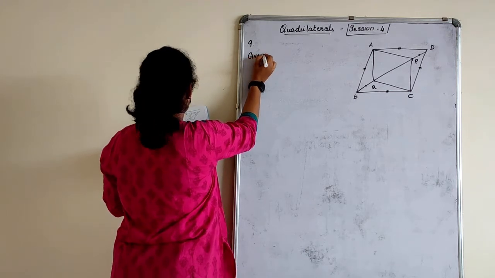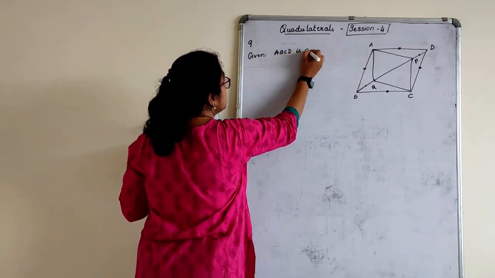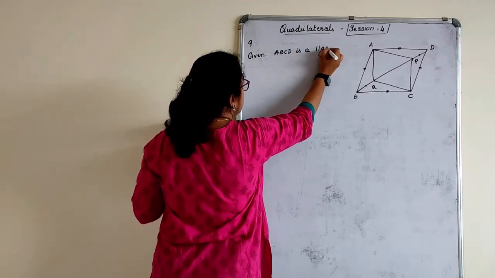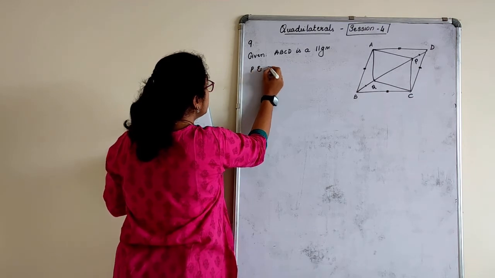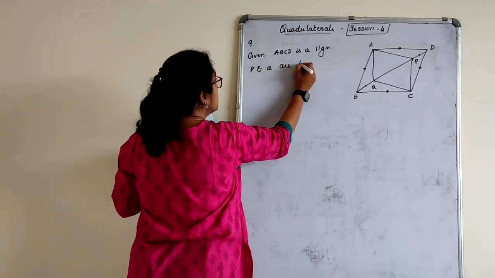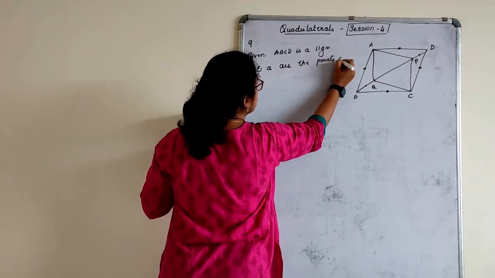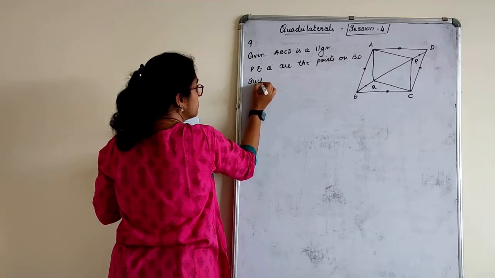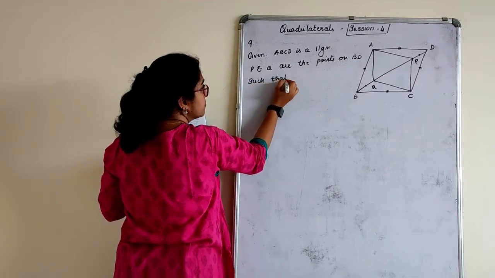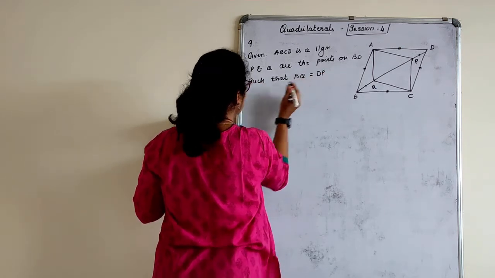Given: ABCD is a parallelogram, P and Q are the points on BD such that BQ is equal to DP.